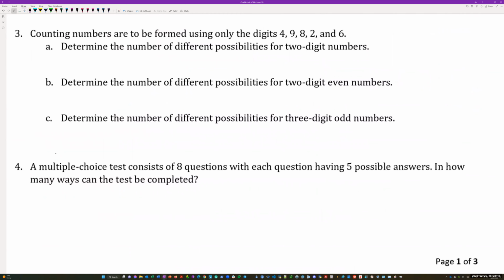Counting numbers are to be formed using only the digits 4, 9... All right, how about just that? Using only the digits, determine the number of different possibilities for 2-digit numbers.